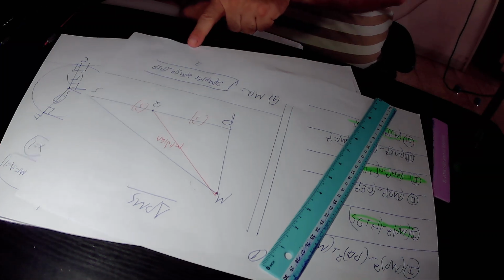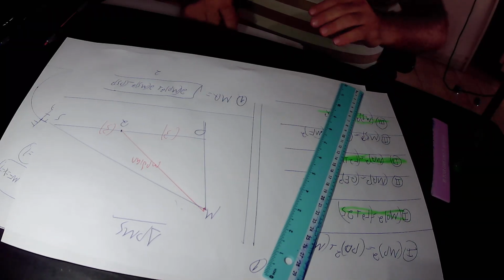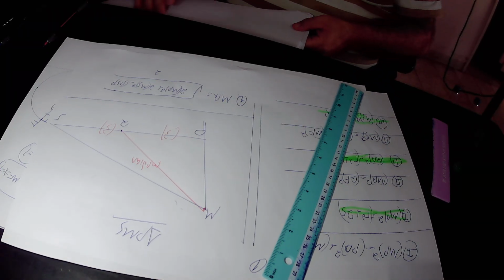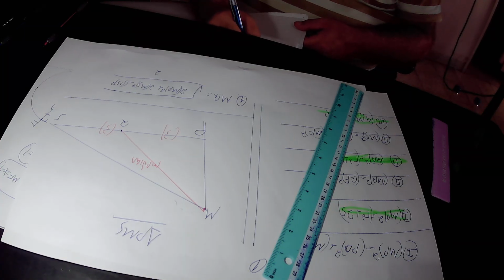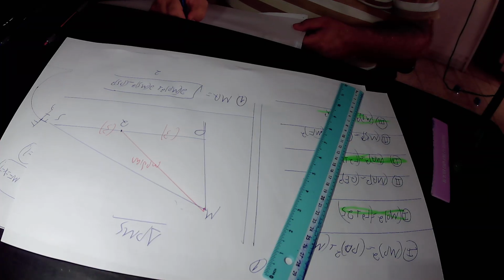Here we'll multiply this equation 1 by 2, and we get that according to equation 1, 2 times MQ equals the square root of 2MP squared plus 2MS squared minus PS squared.